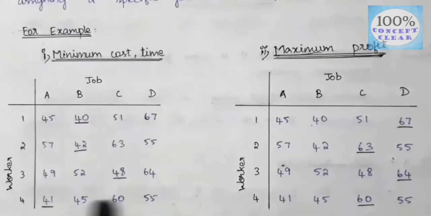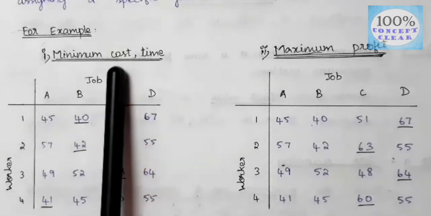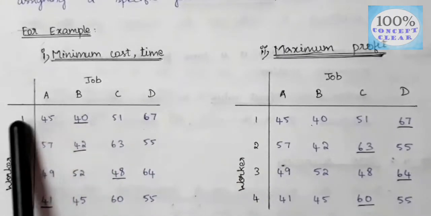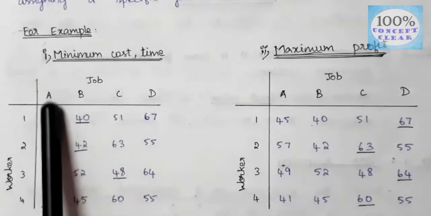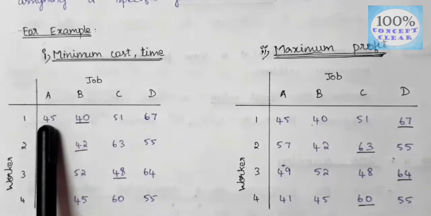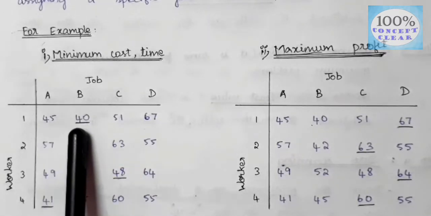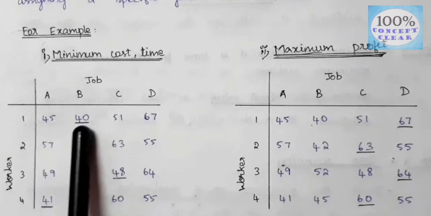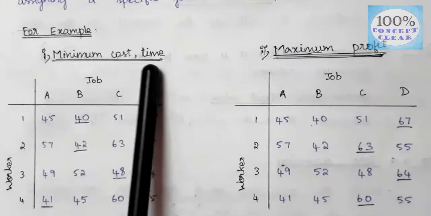All these elements represents the cost or time. If it is cost sum, for assigning worker 1 with job A, the cost incurred will be 45. Likewise, if we take this 40, for assigning worker 1 with job B, the cost will be 40.